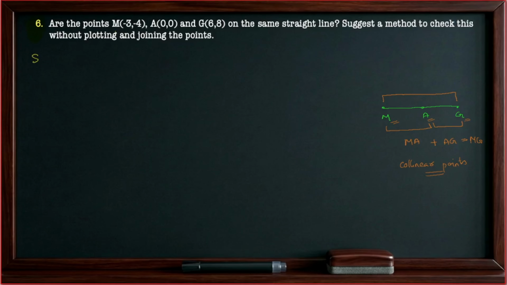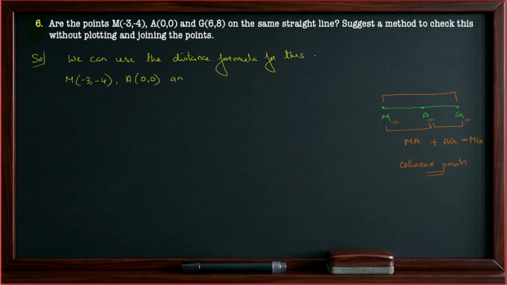So let us start. We can use the distance formula for this. And now let us write the coordinates. That is, M is (-3, -4), A is (0, 0) and G is (6, 8).